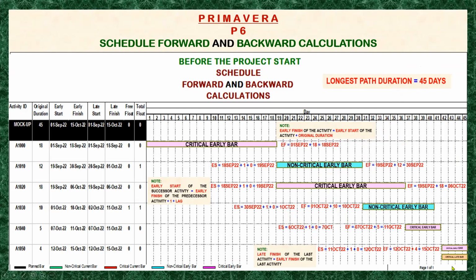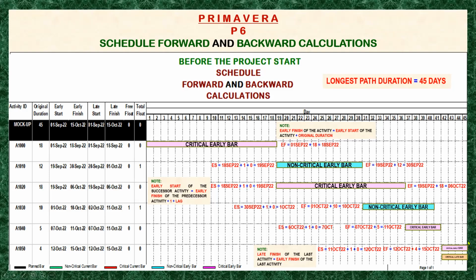So we will be starting here. For the late bar, we'll be starting from here at the end of the project. And note that the late finish of the last activity is equal to the early finish of the last activity. So the early finish of the top bar, which is the early bar, is the same as the late finish of the late bar.